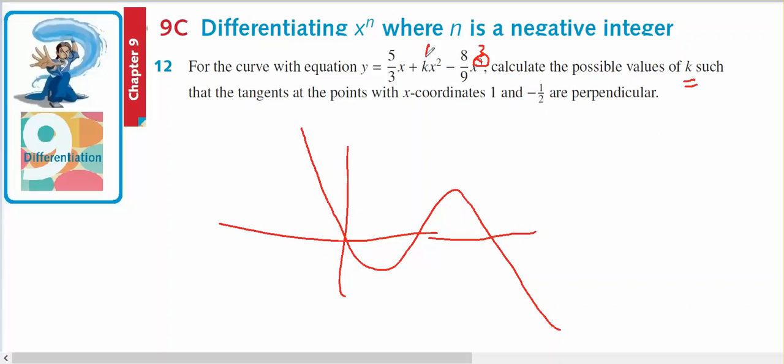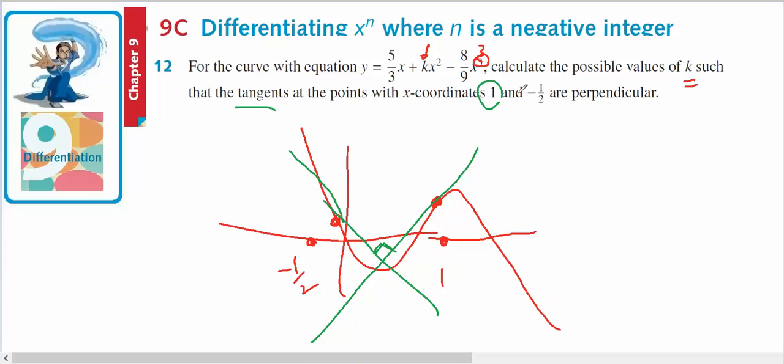So I've got a parameter in here, k, with the tangents at the point 1 and the point -1/2. So the tangent here and the tangent here cut at right angles. That's what the question's asking. So the tangents at the point 1 and -1/2 are perpendicular.